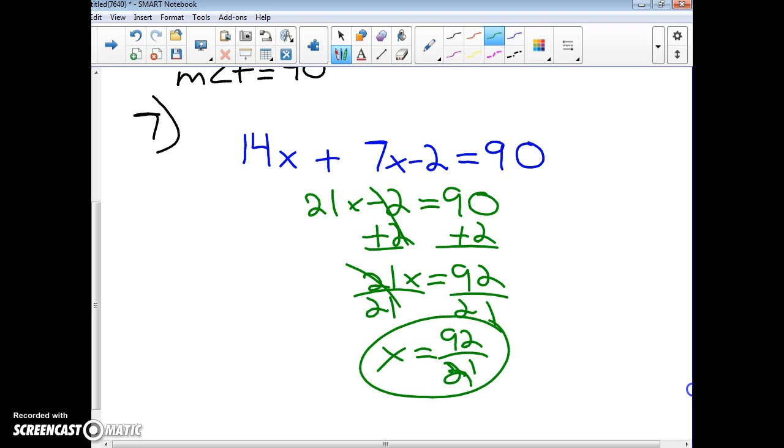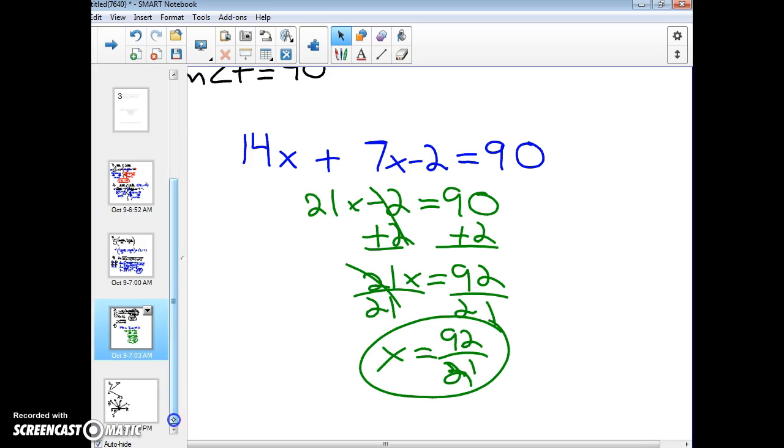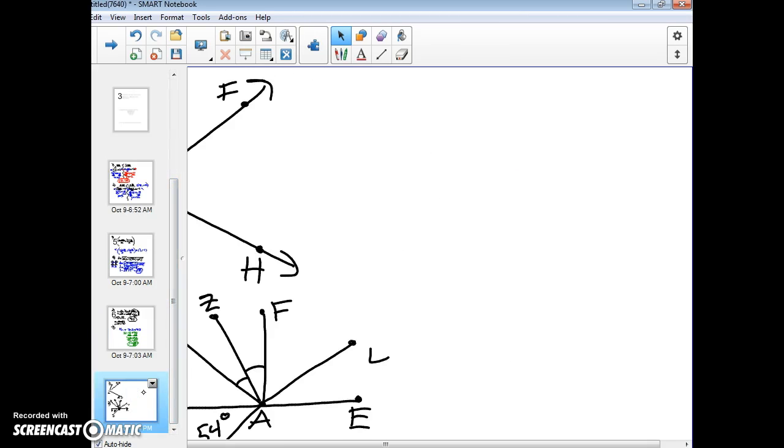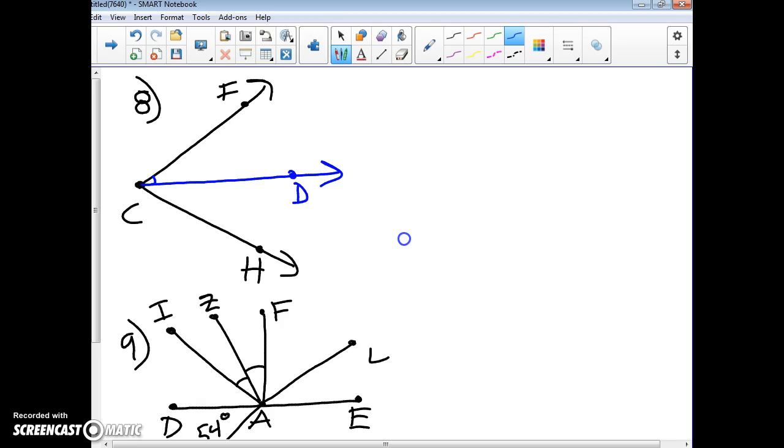Number 8. Here we go. Okay, so I've already kind of set up the problem. I told you there's a big angle called FCH. There's an angle bisector given by this ray CD, which means it slices up that big angle into two.